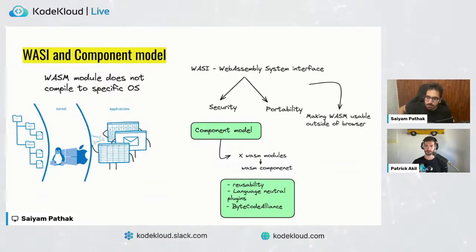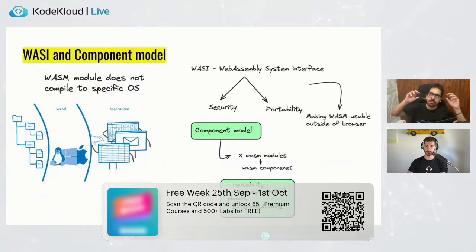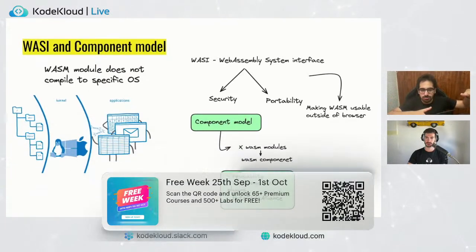And then the whole game changes again, because it encourages reusability and language-neutral plugins. It's governed by the Bytecode Alliance. You can think of the Bytecode Alliance as the foundation for WebAssembly, similar to what CNCF is for the cloud native ecosystem.